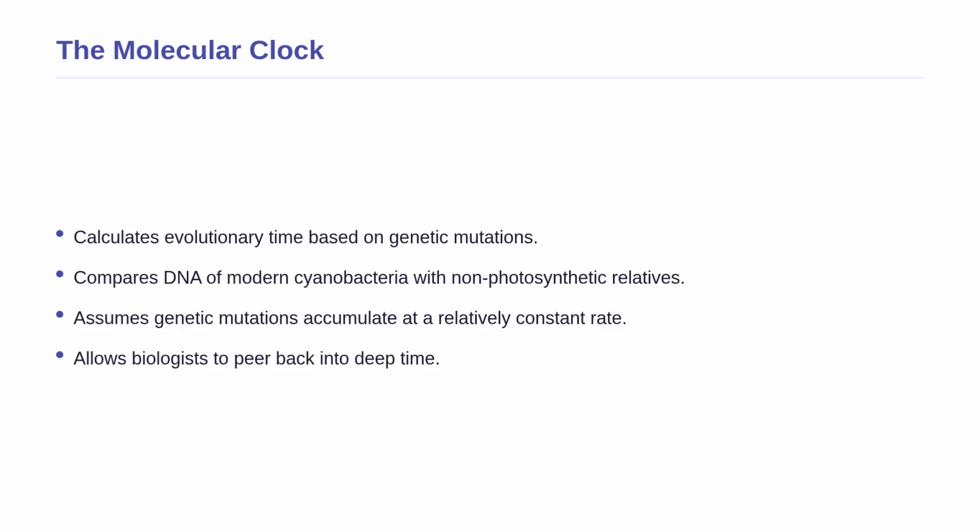By comparing the DNA sequence of a modern cyanobacterium with its closest non-photosynthetic bacterial relative, we can count the genetic differences. Since genetic mutations accumulate at a relatively constant rate over long periods of time, trusting this steady ticking of the genetic clock allows us to peer back into deep time.